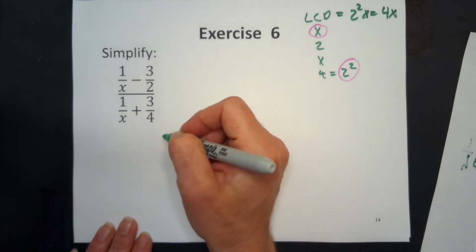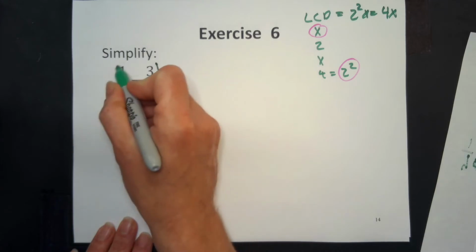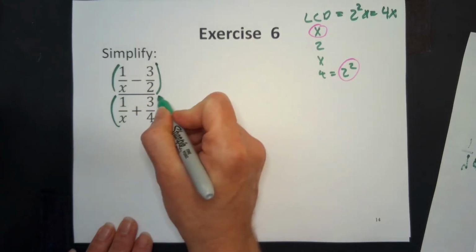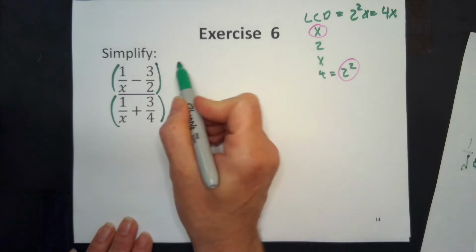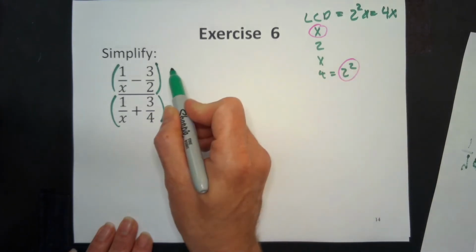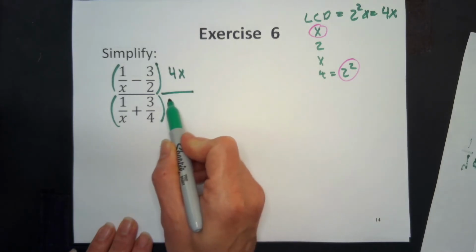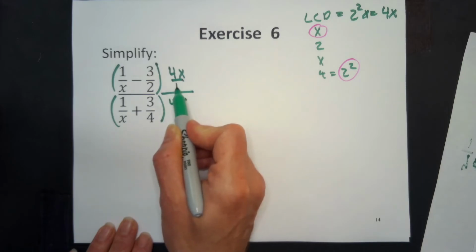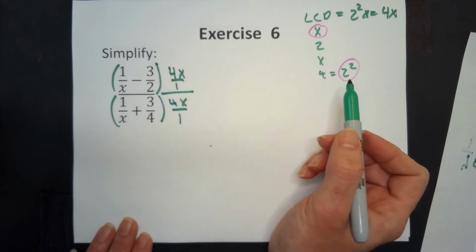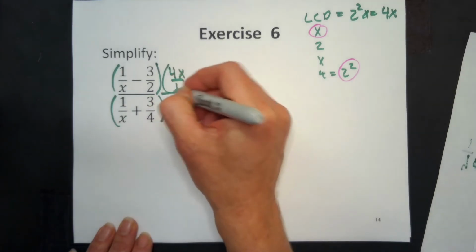So I need to multiply both top and bottom by the least common denominator. Now, since I have to multiply both, I like to line up my fraction bars. So instead of just saying I'm going to multiply by 4x in the top over 4x in the denominator, I line up my fraction bars, so that everything is going where it needs to.